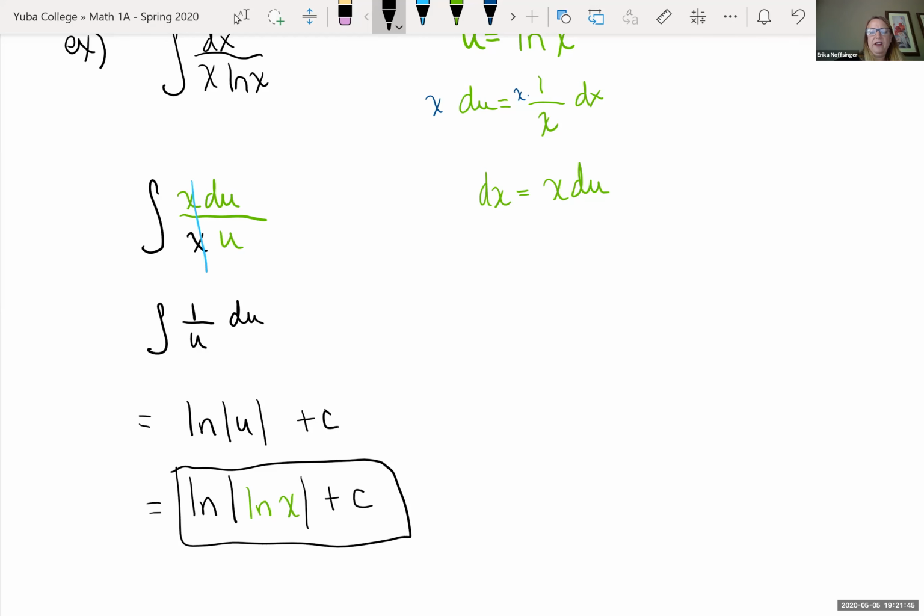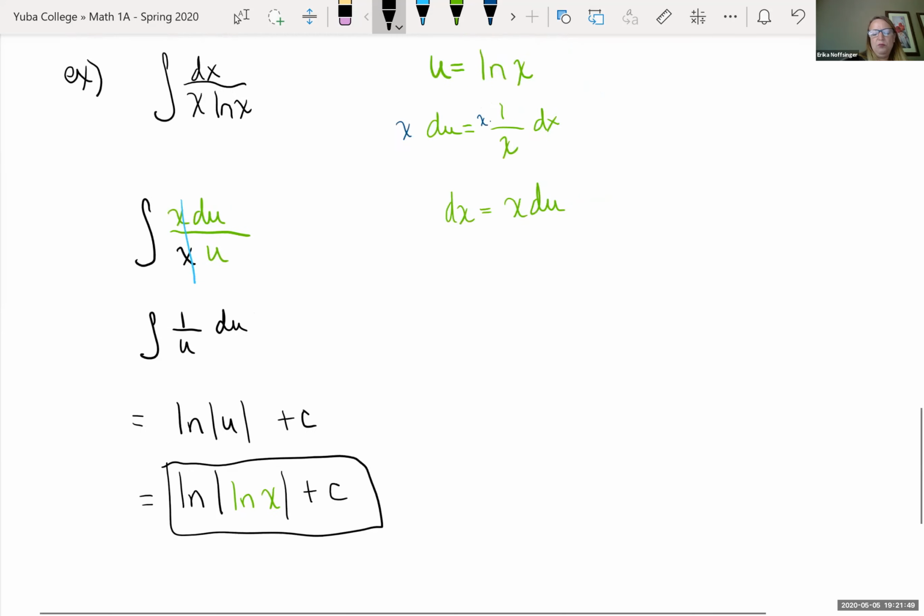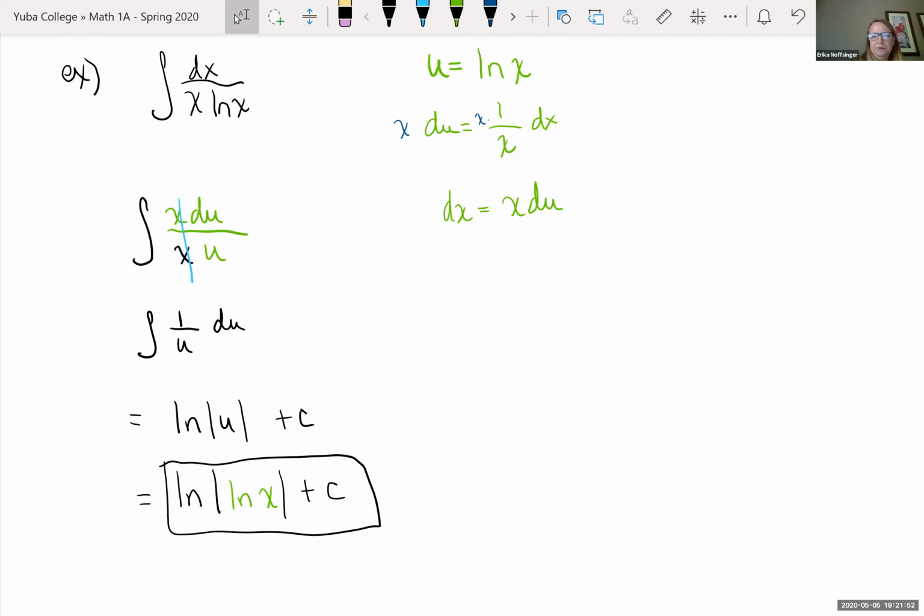So the antiderivative would be the natural log of the natural log of x, plus c.